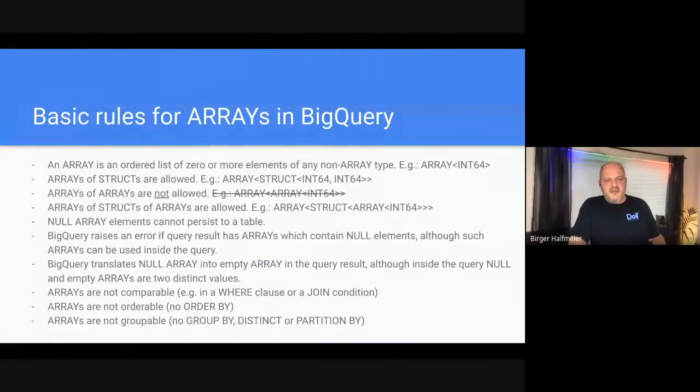So in your tables, you can't really distinguish if an array column is null or empty. Arrays are not comparable, so you cannot compare an array to another array. They're not orderable, and you also can't group by, distinct, or partition by either.